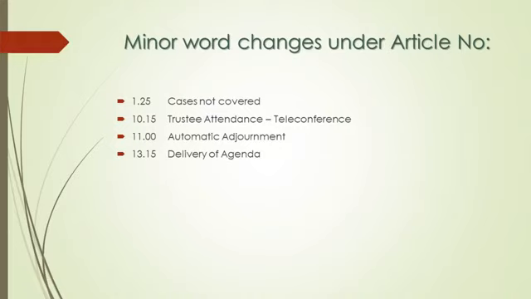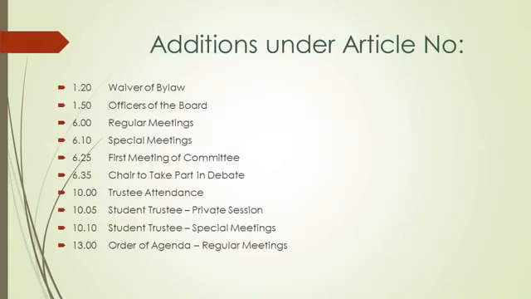The additions that we've put in, as you can see from there, one was a waiver of the bylaw. Basically, that says at any one particular meeting, if there is an issue that trustees really want to discuss, they can waive the condition in the bylaw that has to be notice of motion by a 2/3 majority.